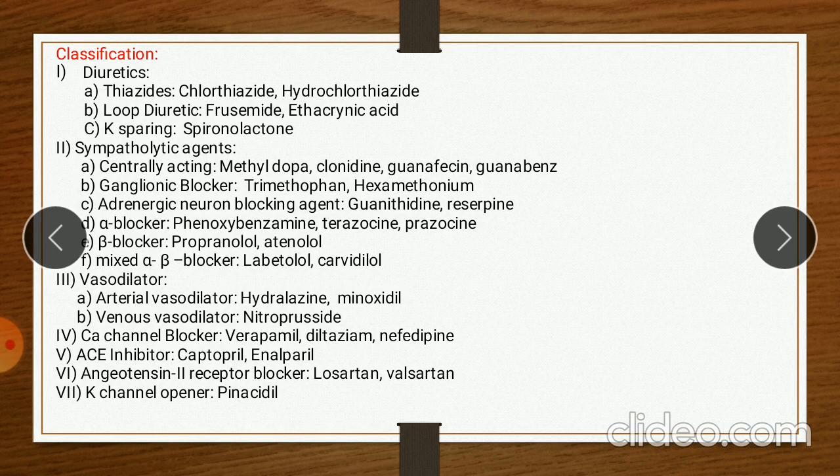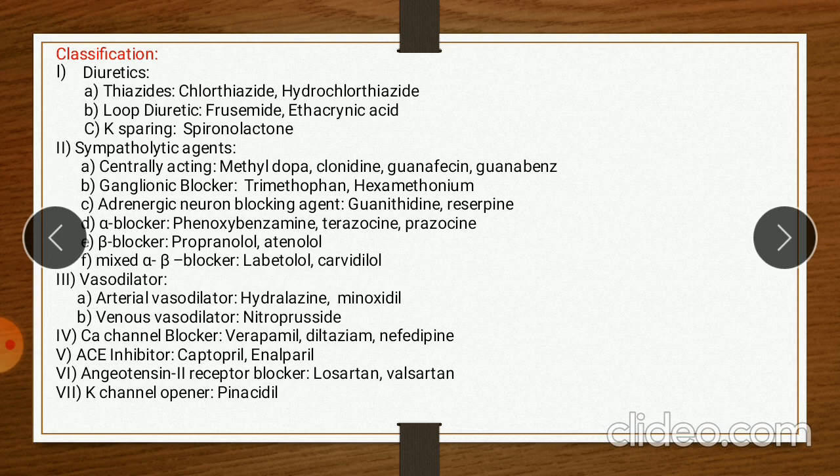But in your syllabus, limited classes are given, so we will cover only those classes. The first class, diuretics, is a separate chapter, so we will cover it in the diuretics chapter. In your syllabus, centrally acting drugs are given, that is methyldopa and clonidine. Then alpha blockers and beta blockers are given.